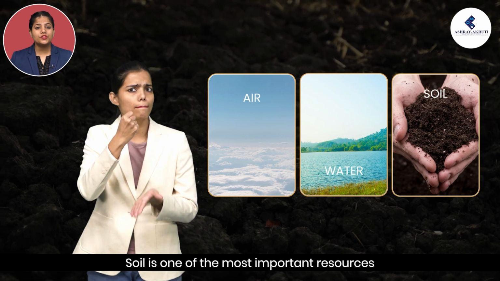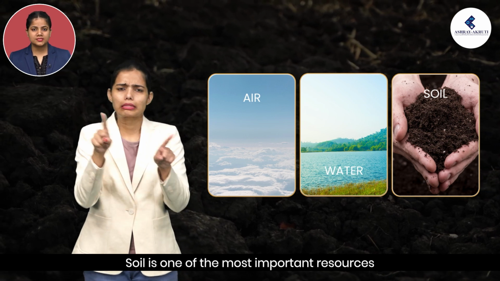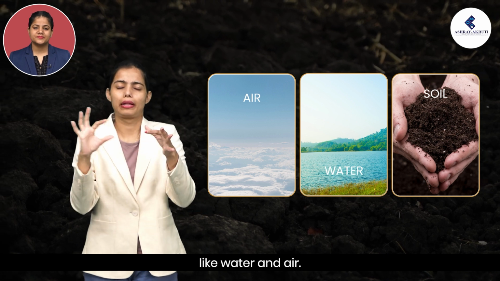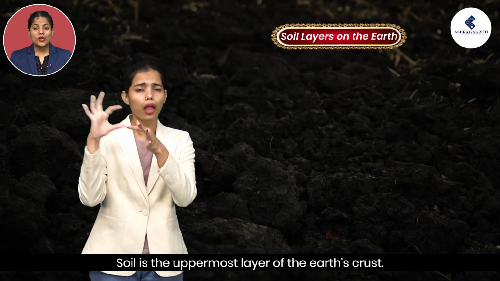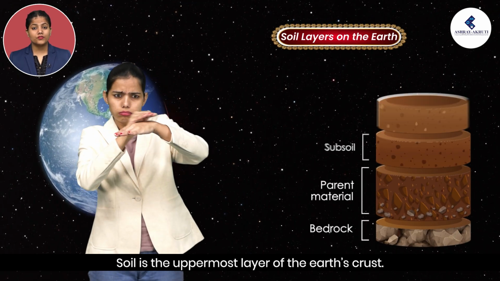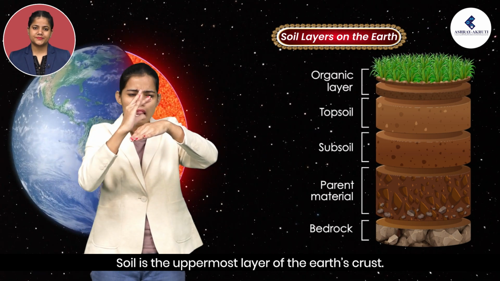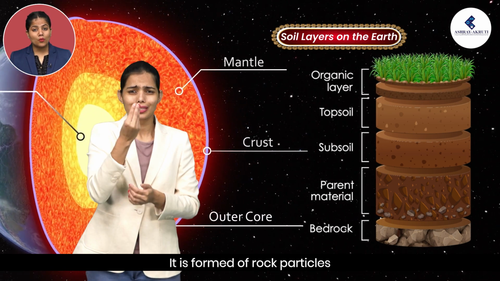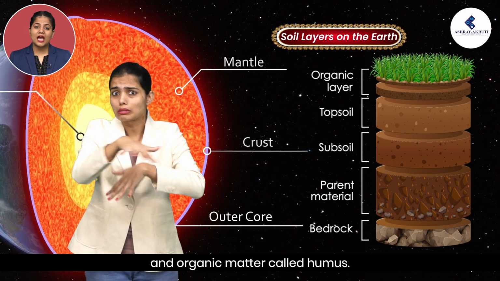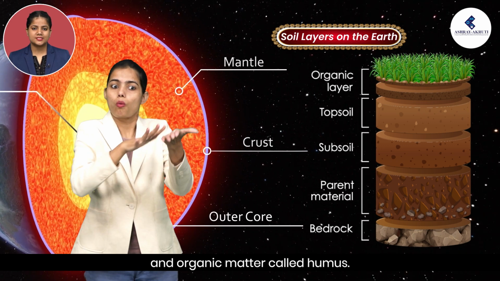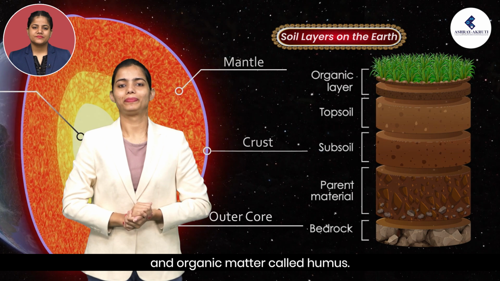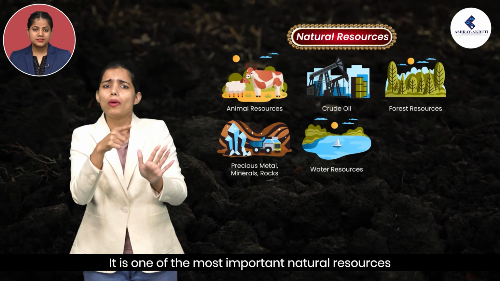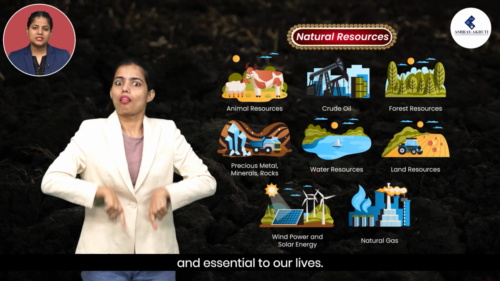Soil is one of the most important resources like water and air. Soil is the uppermost layer of the earth crust. It is formed of rock particles and organic matter called humus. It is one of the most important natural resources and essential to our lives.